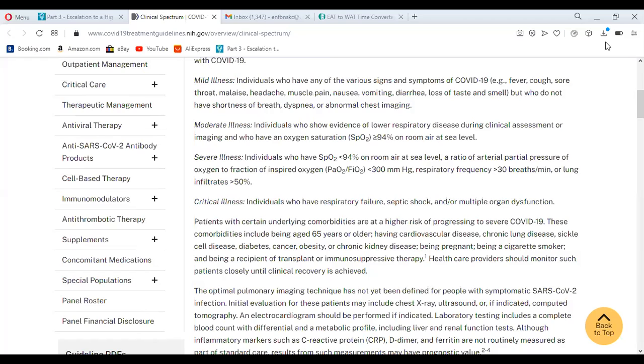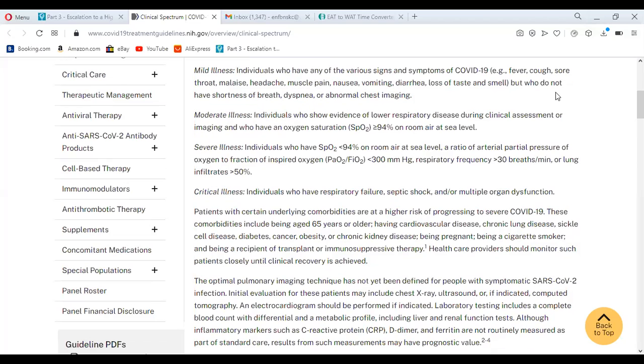And when you do a blood gas analysis, you have the ratio of PaO2 to FiO2 of less than 300 millimeters of mercury. Okay, so this will be the guide. So looking at this now, will you say this patient falls into moderate illness, right? So this is what you can use to guide you for such a kind of patient.